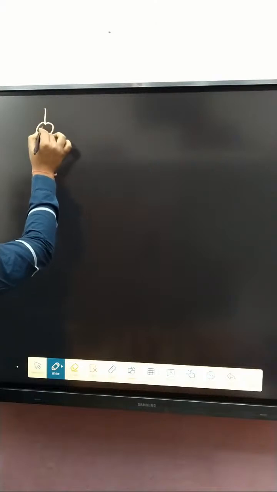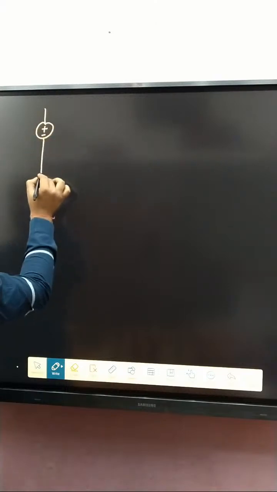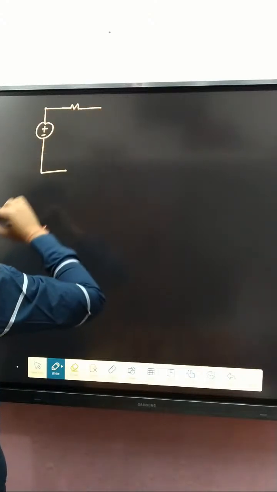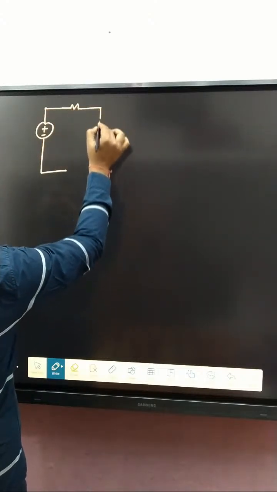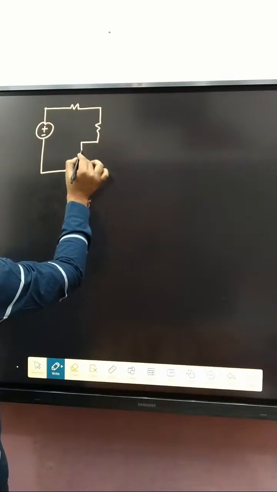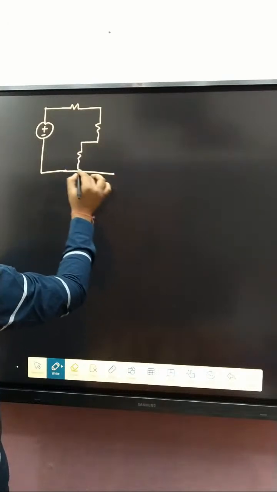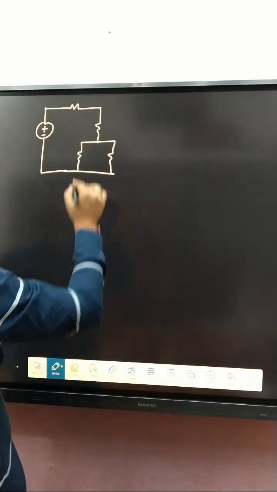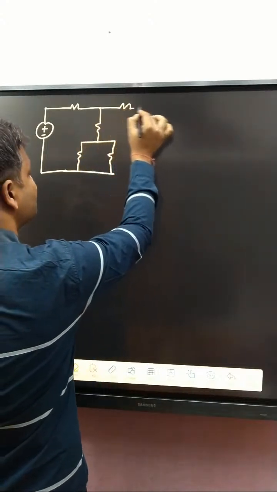Now we have considered that one is plus minus, and here a resistance like that one, again a resistance like that one, here a resistance like that one, and again a resistance like that one, after that again a resistance like that one.